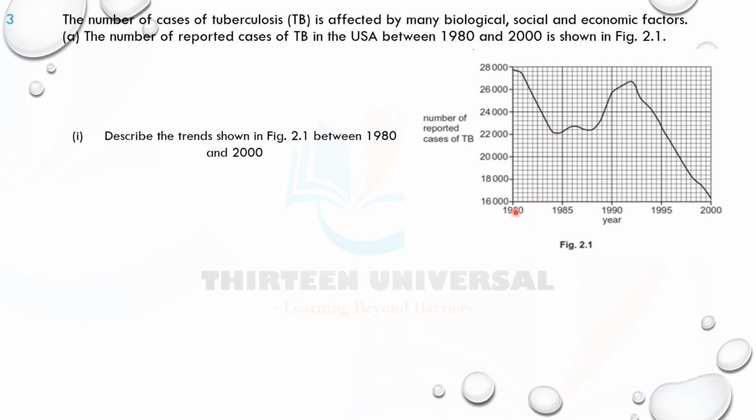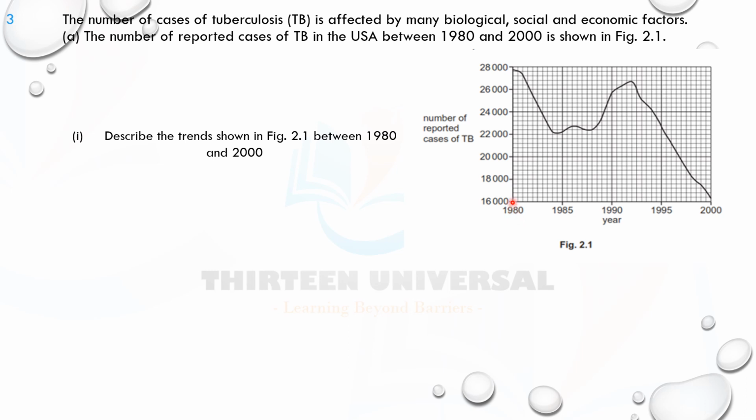From 1980 to 1985 is 5 years, representing 10 units, so 10 boxes. Each one will be 0.5, because this is 1985.